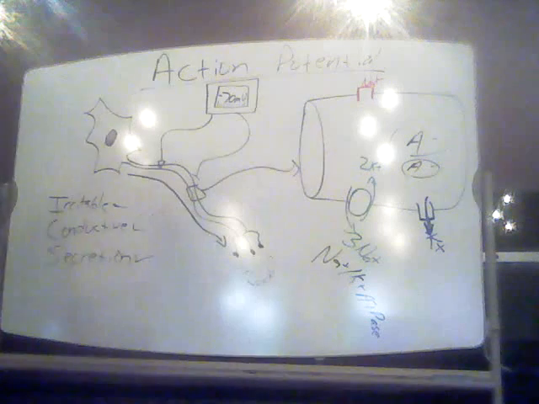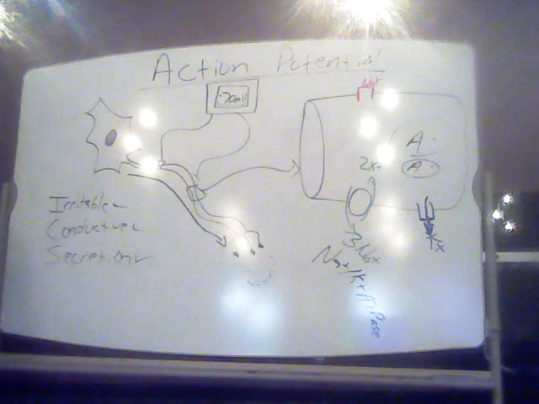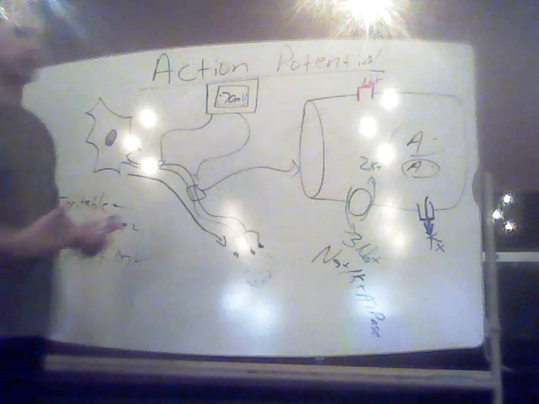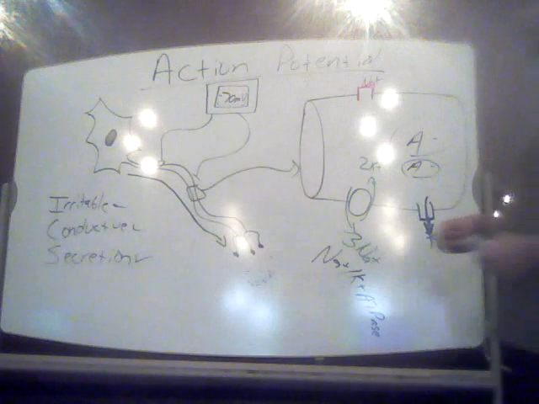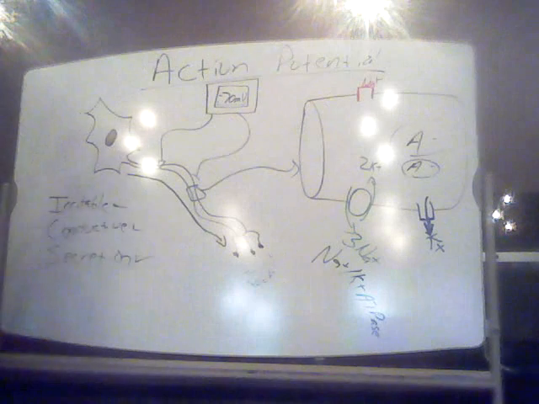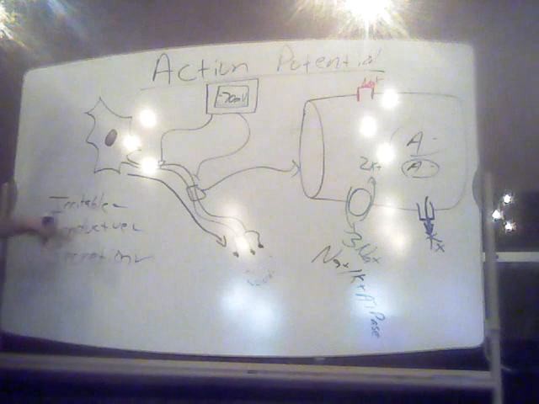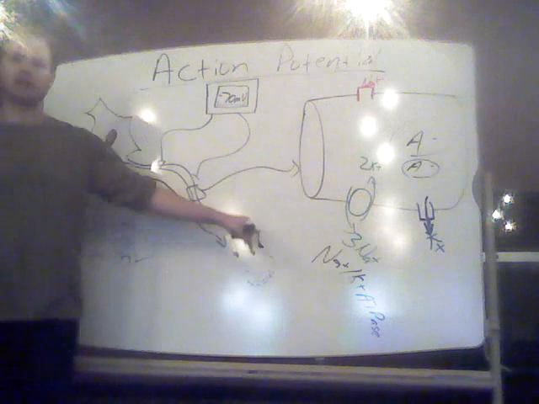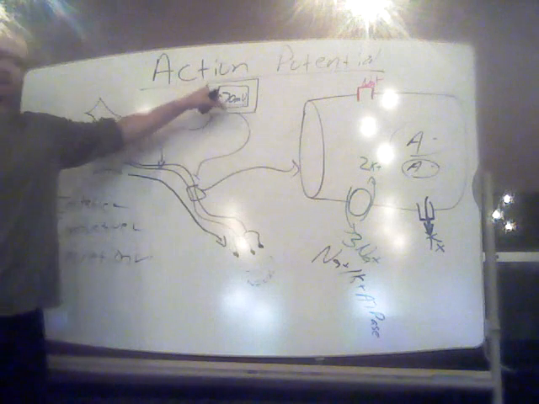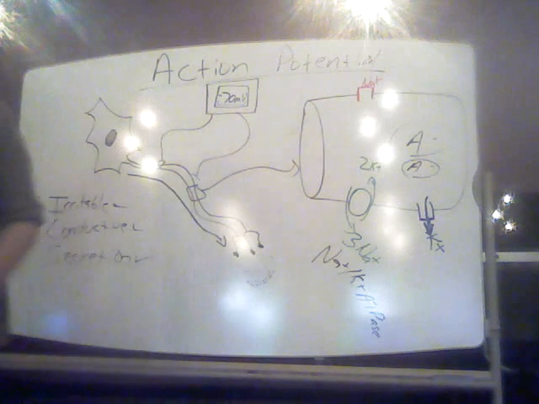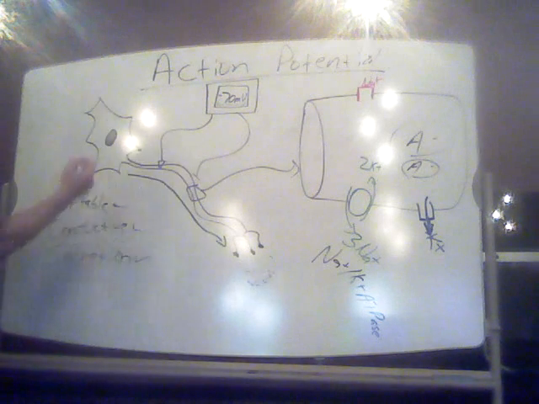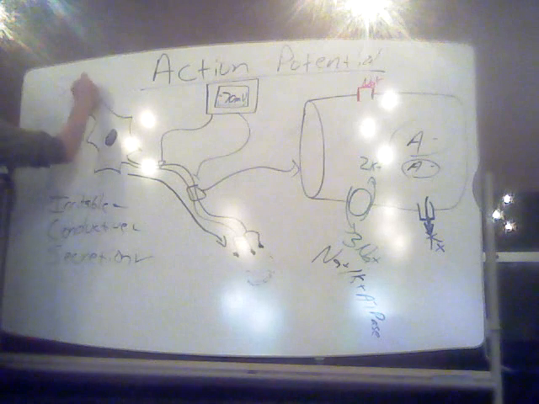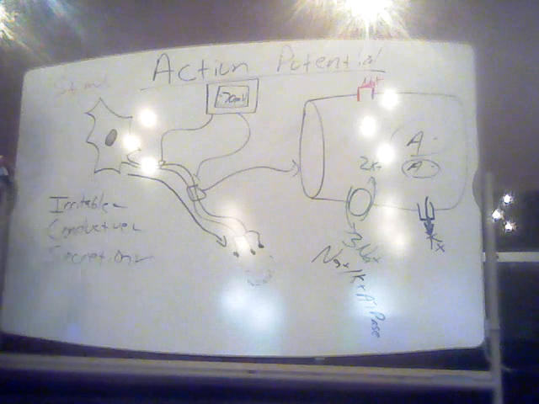Now, when we talk about initiating an action potential, there are various different situations in which we'll send an action potential. Like I said, this is the main form of communication that neurons use. We irritate a neuron to the point where it generates an electrical impulse, an action potential, and it releases neurotransmitters. Basically, stimuli are going to cause this.